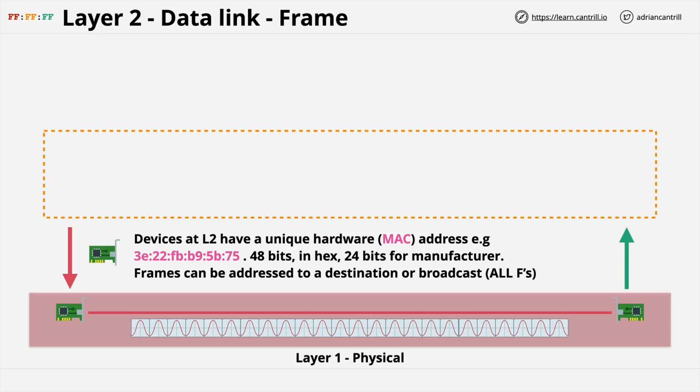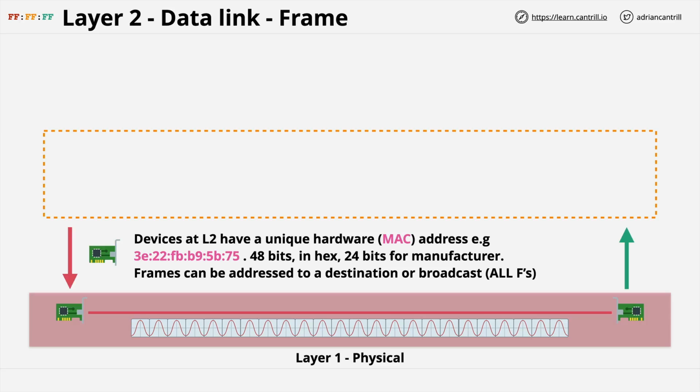Layer 2 provides frames as well as other things which I'll cover soon, and layer 1 handles the physical transmission and reception onto and from the physical shared medium. So when layer 1 is transmitting a frame onto the physical medium, layer 1 doesn't understand the frame. Layer 1 is simply transmitting raw data onto that physical medium.